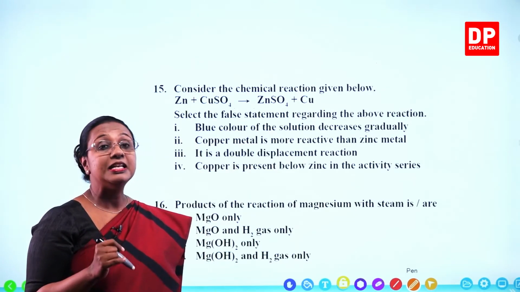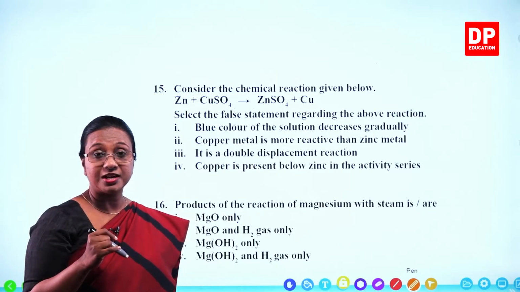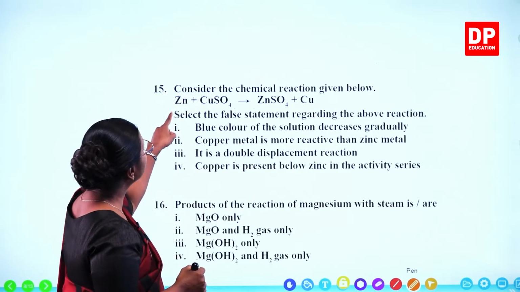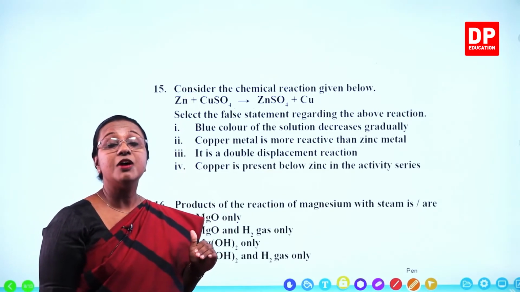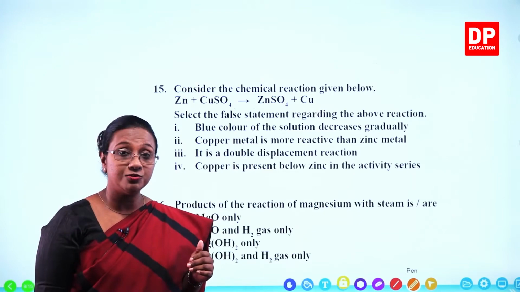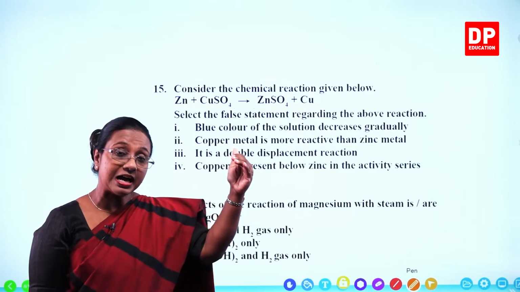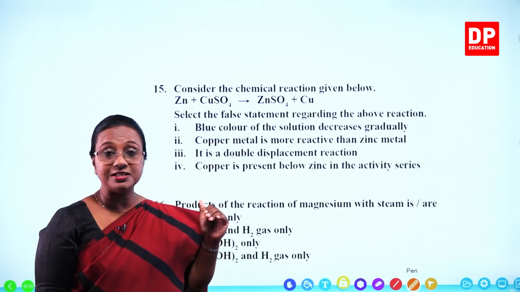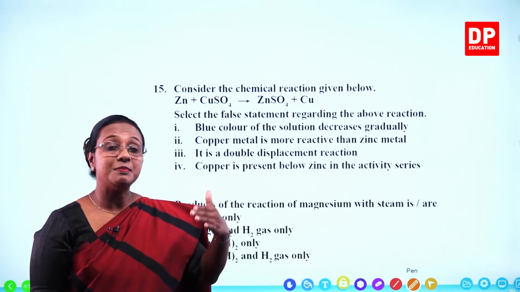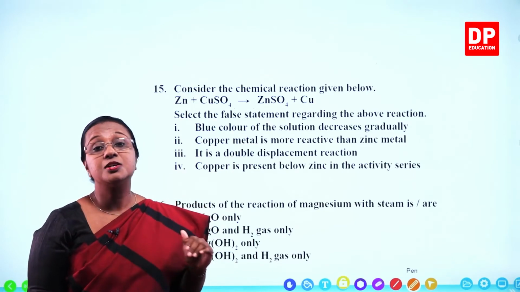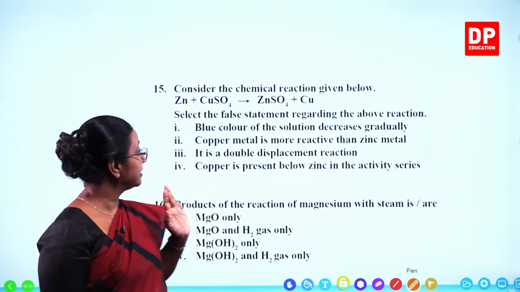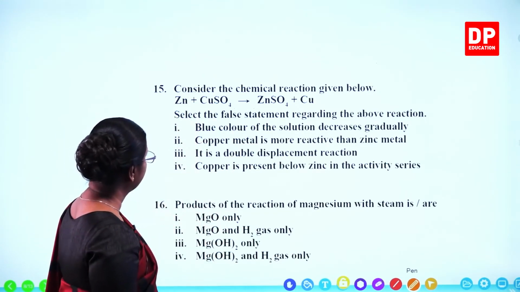It is a single displacement reaction where the more reactive zinc displaces the less reactive copper from its salt solution, or the metal that is above in the activity series displaces the metal that is below it in the activity series from its salt solution. So that is the reaction. You are familiar with that.